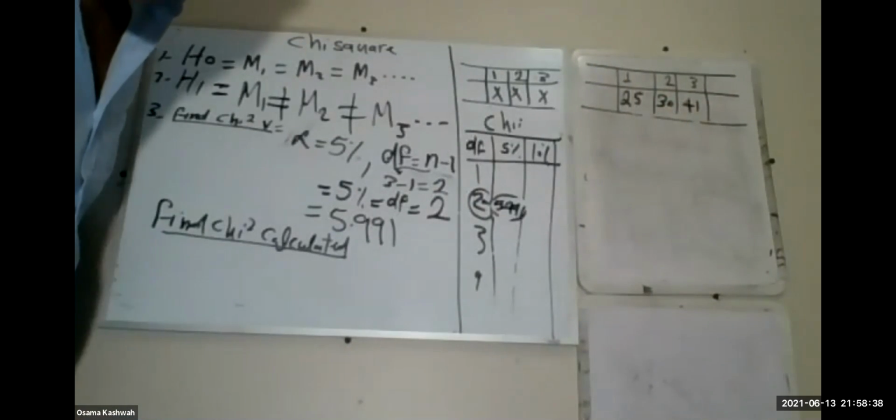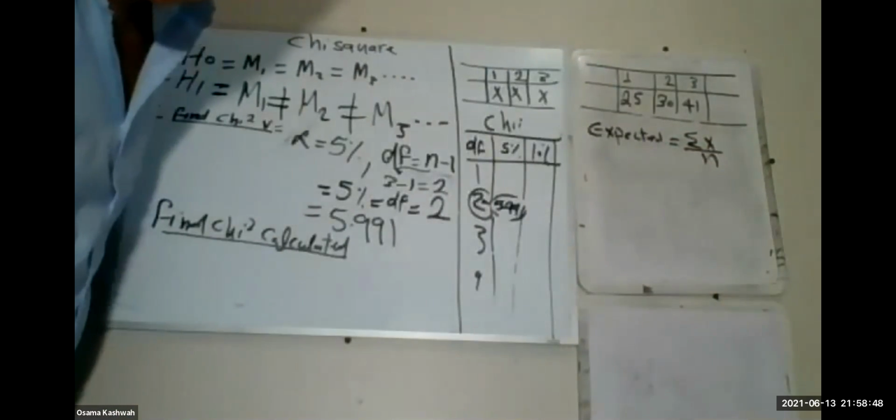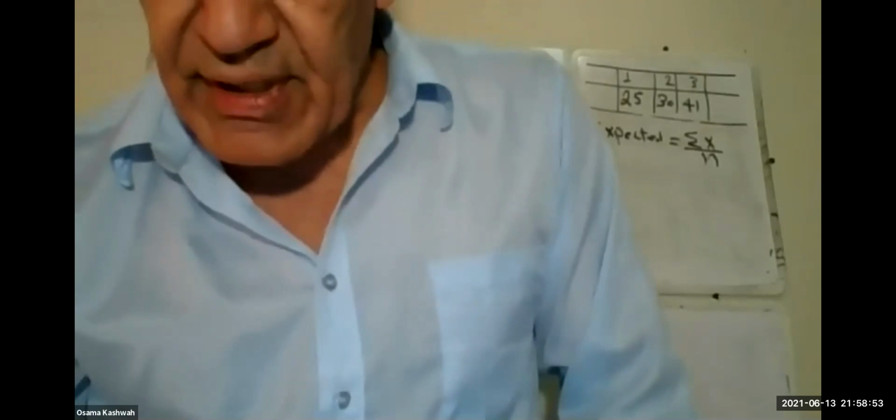Then I will get the expected. Something is called the expected. It is the summation of x divided by n. It is the average of the observed.